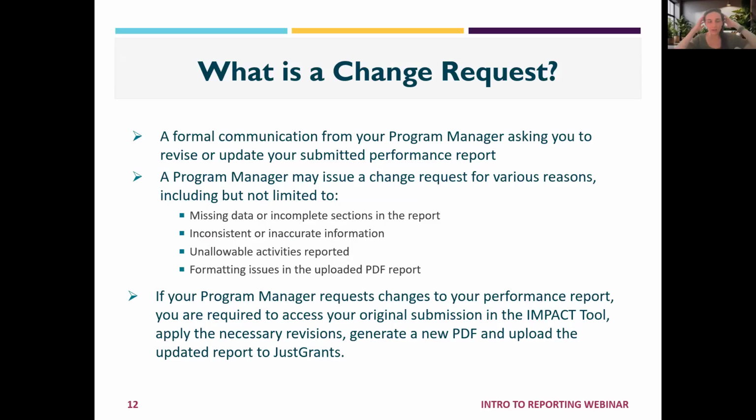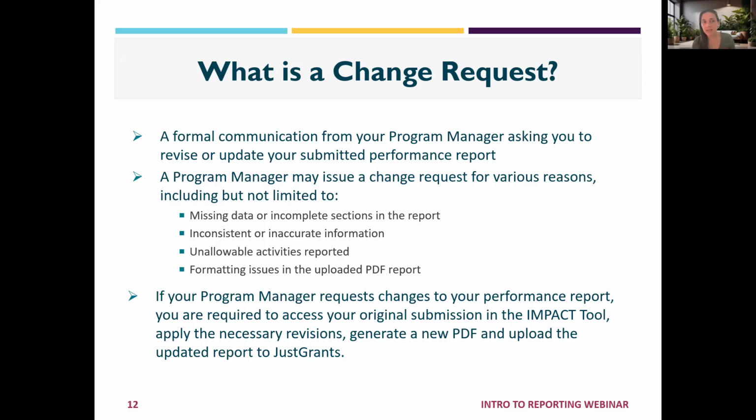I mentioned the words change requests. It's a type of formal communication from your program manager at OVW. It might ask you to revise or update something in the performance report. It might be that they think there is missing data or incomplete sections.